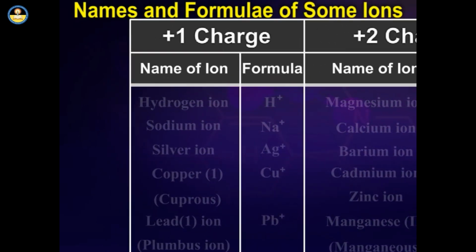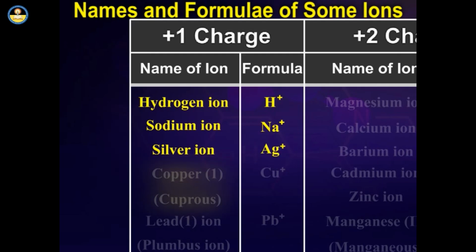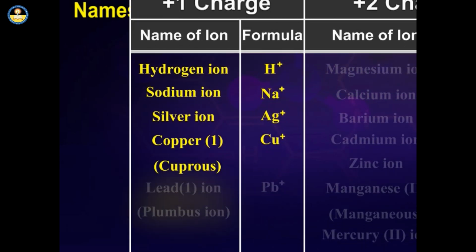The name of monopositive ions having charge 1 is hydrogen ion, represented as H+, sodium ion, represented as Na+, silver ion, represented as Ag+, cuprous ion, represented as Cu+, lead ion or plumbous ion as Pb+.